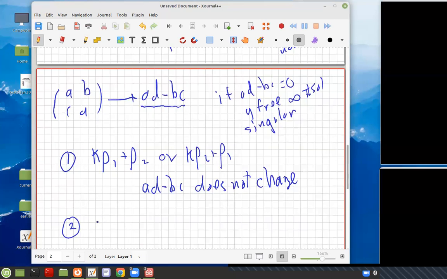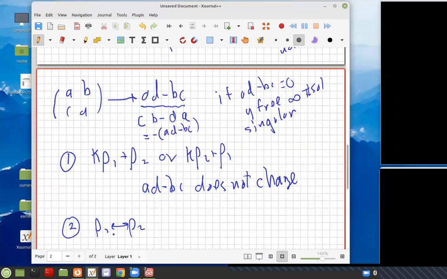Well, if we interchange row 1 and row 2, you can see that C becomes A, and A becomes C, and D becomes B, and B becomes D. This is the same thing as CB minus AD, which equals minus (AD minus BC).